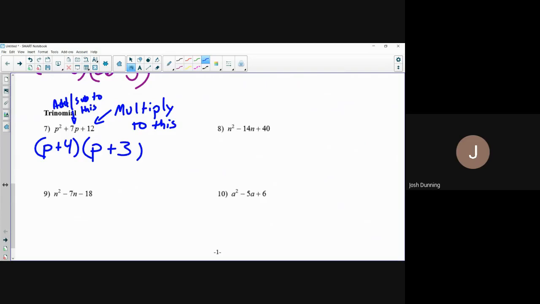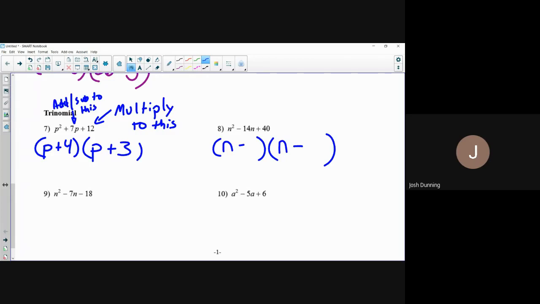Number 8, careful of the signs. I have to multiply to positive 40, but add up to a negative. The way we multiply to positive is either with double pluses or double minuses. And if it has to add up to the negative in the middle, it's going to be double minus. Factors of 40.